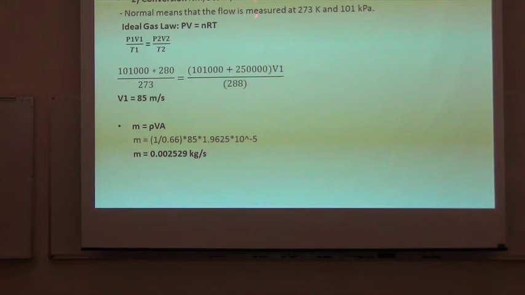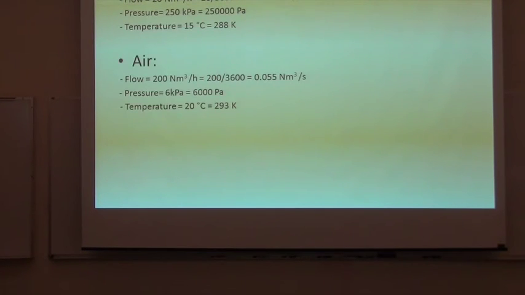Now we have to convert these normal meters per second to actual meters per second by using the ideal gas law. And we can see that the velocity is 85 meters per second. So we can see that the difference is really big, and it's because the pressure of the gas was 250 kilopascal, which is a lot in comparison with normal pressure, which is 101 kilopascal.